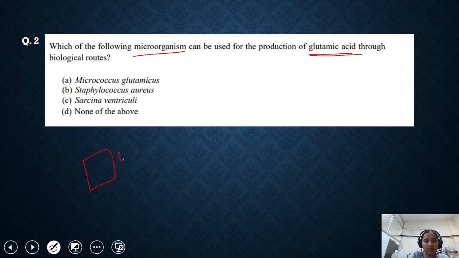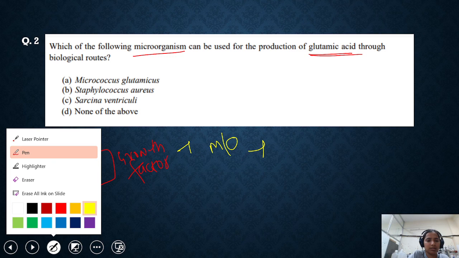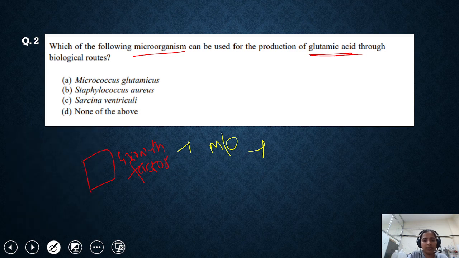You must know about the growth factors or growth conditions required, then the microorganism used, the different fermentation conditions, and the final purification, or downstream processing.